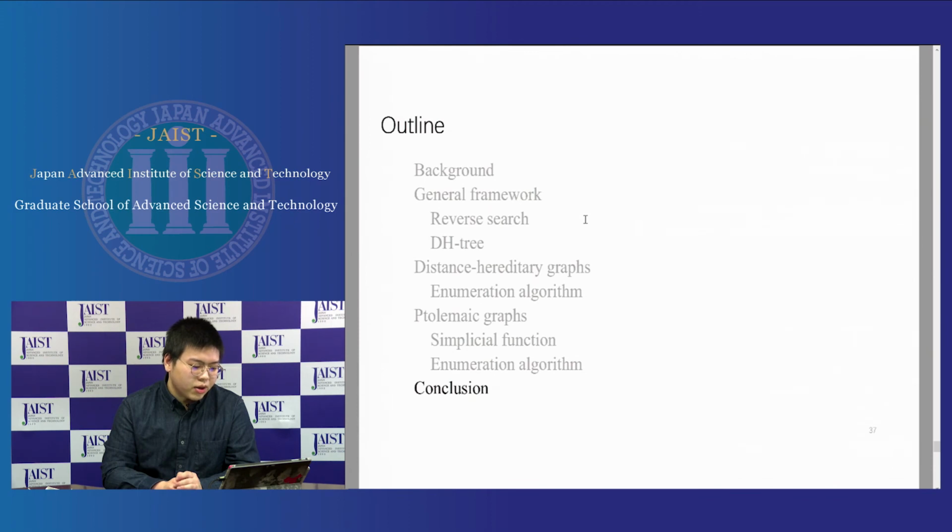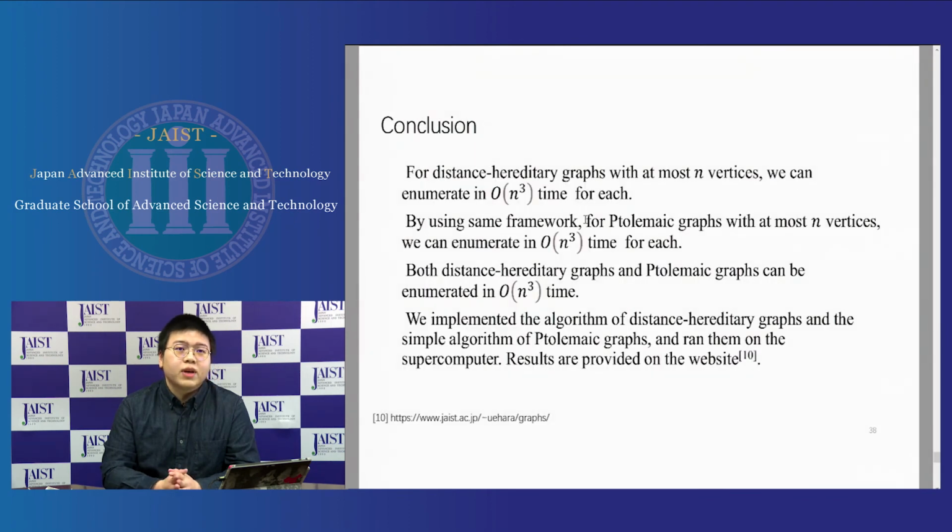For the conclusion, first, distance hereditary graphs with at most n vertices can be enumerated in big O n cubed time for each. And by using the same framework for Ptolemaic graphs, we can also enumerate them in big O n cubed time for each.